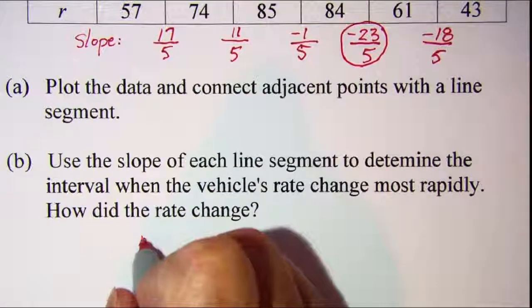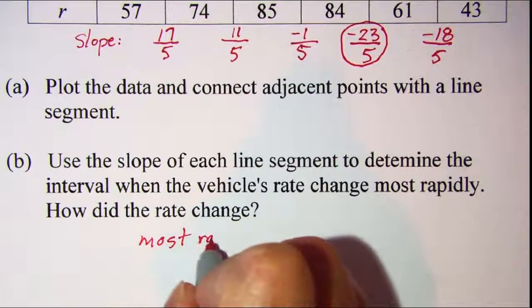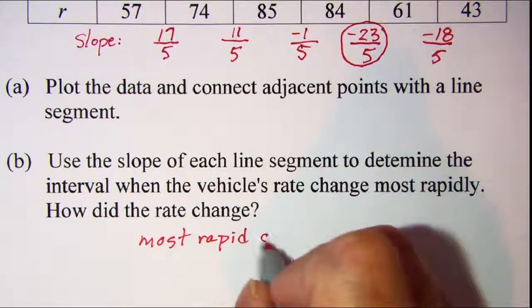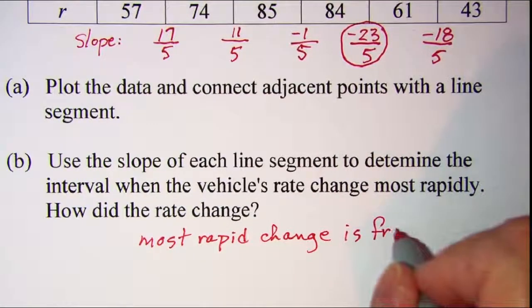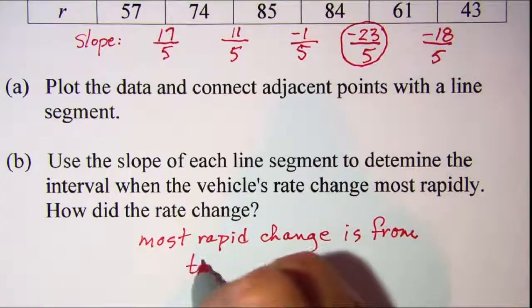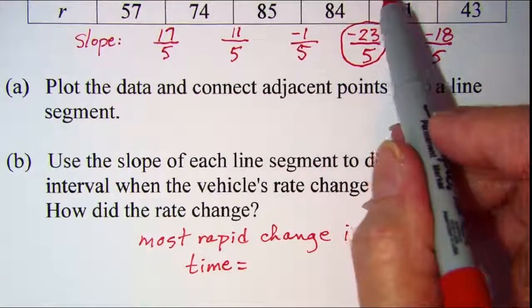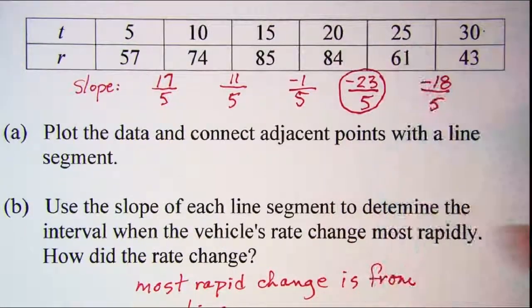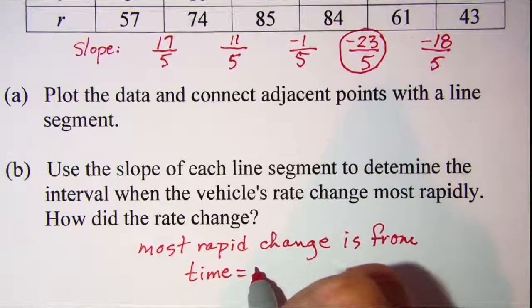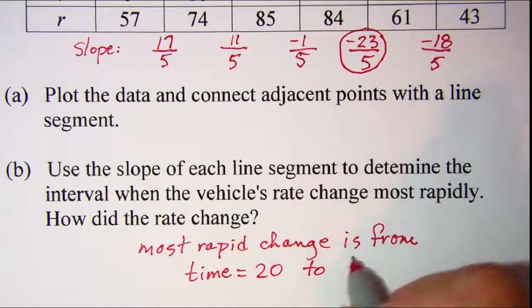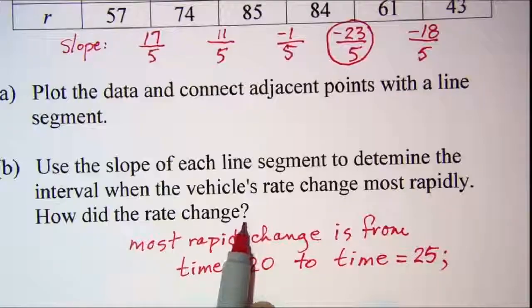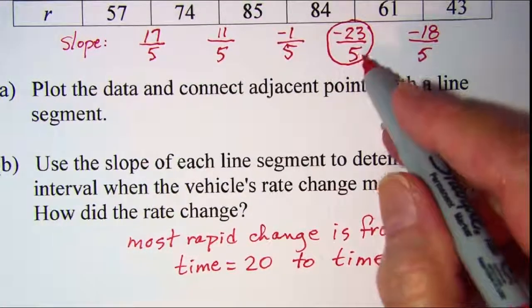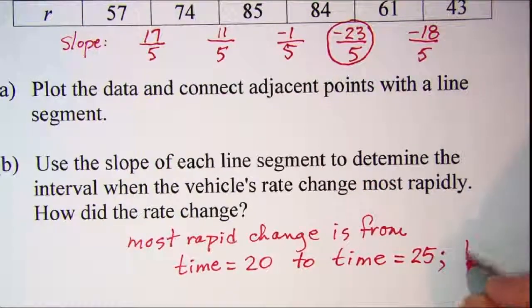So the most rapid change is from time equal 20 to time equal 25. And they want to know how did the rate change. So since it was a negative rate of change, I would say decrease.